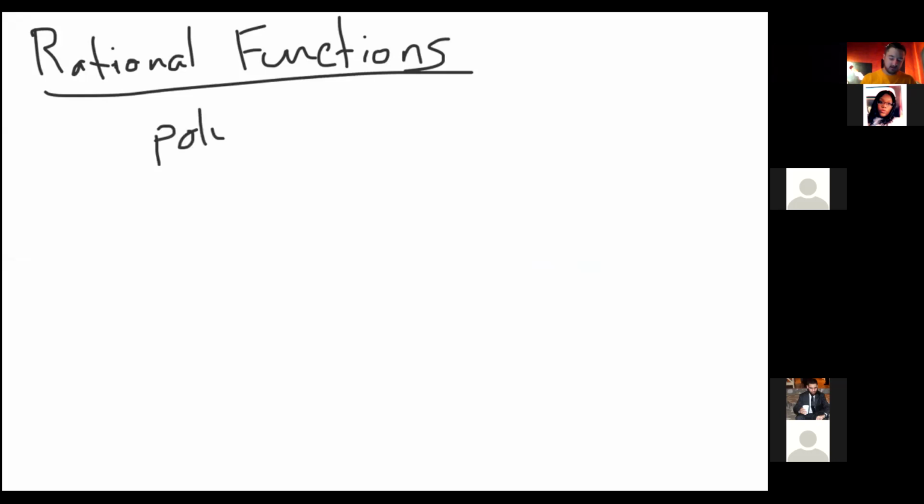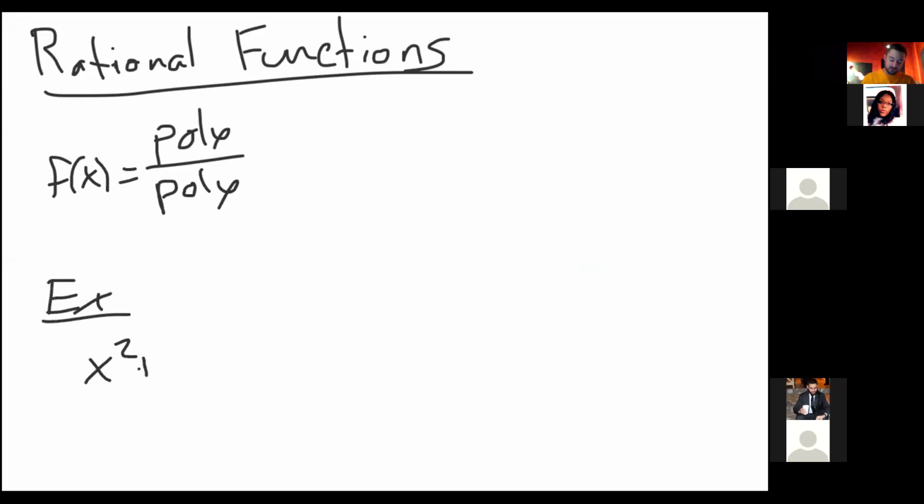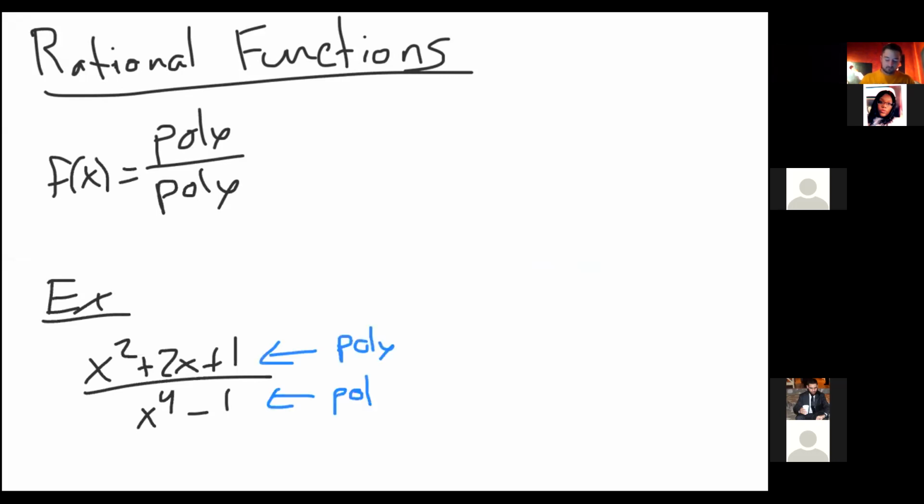So an example: x squared plus 2x plus 1 divided by x to the 4th minus 1. That would be a rational function because if I look in the numerator, I see that I have a polynomial, and if I look in the denominator, I see that I have a polynomial.